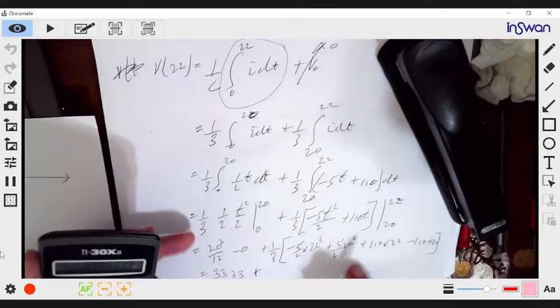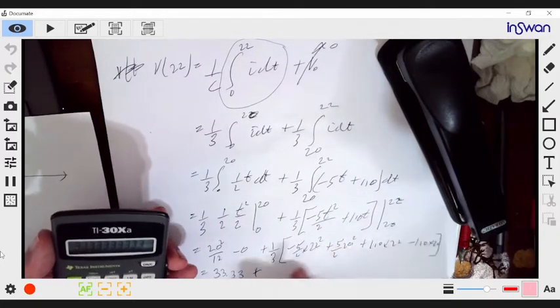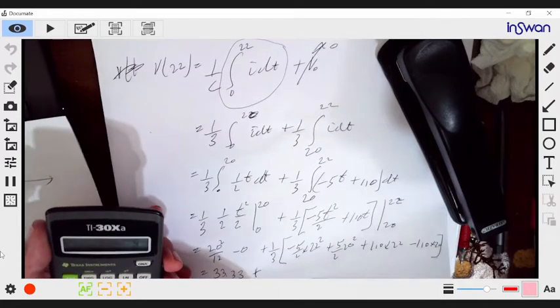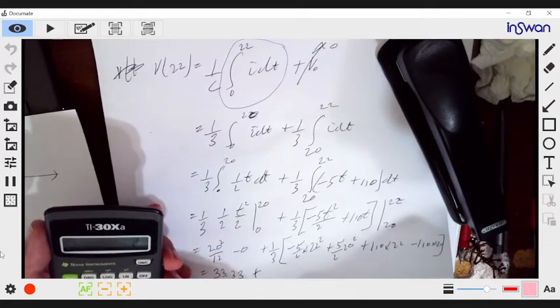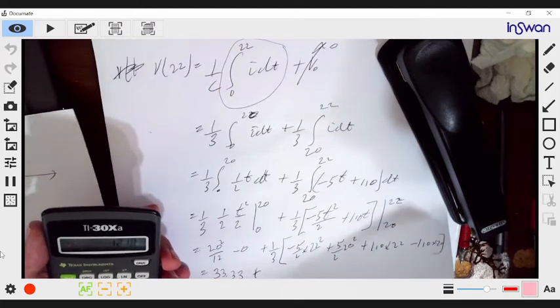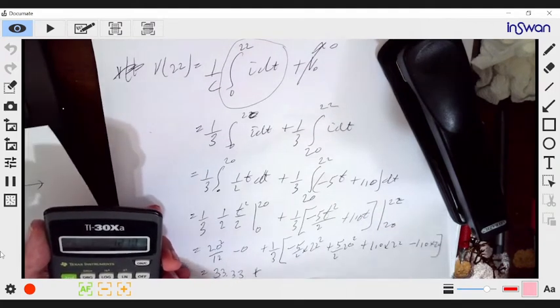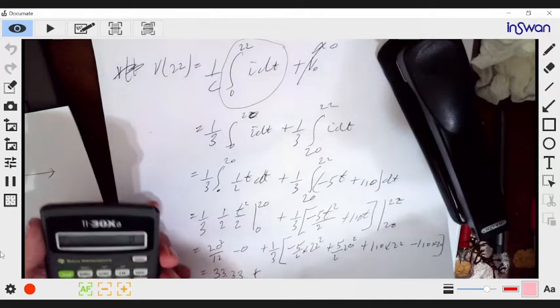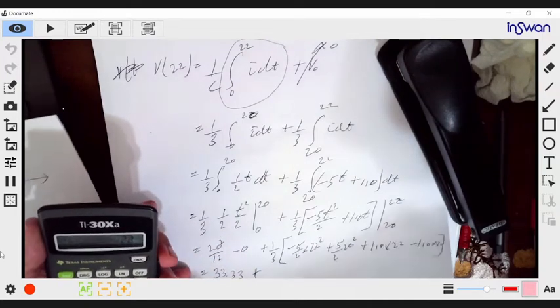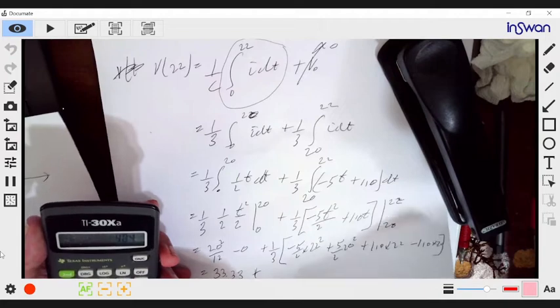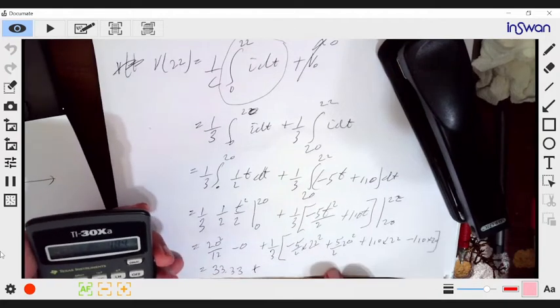So let's find out what this is. 5 divided by 2 times 22 squared, plus 5 divided by, what's that? 22 squared. I hope somebody's checking my work for me.